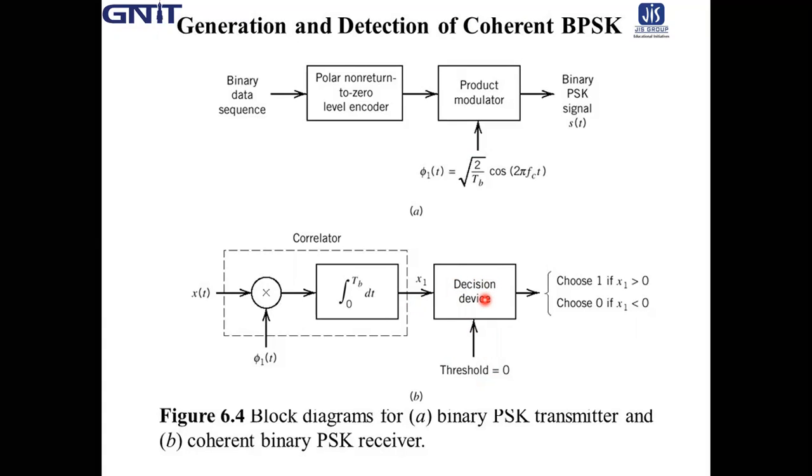If x1 is greater than 0, the receiver decides in favor of symbol 1. On the other hand, if x1 is less than 0, it decides in favor of symbol 0. If x1 is exactly 0, the receiver makes a random guess in favor of 0 or 1. So this is all about the generation and detection techniques of the BPSK signal.